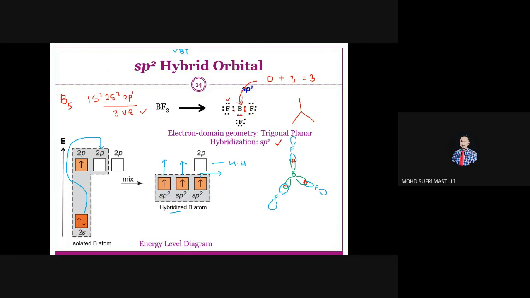So according to valence bond theory, in BF3 the overlapping is between p and sp2. Same goes here, p with sp2, and same goes here, p with sp2.